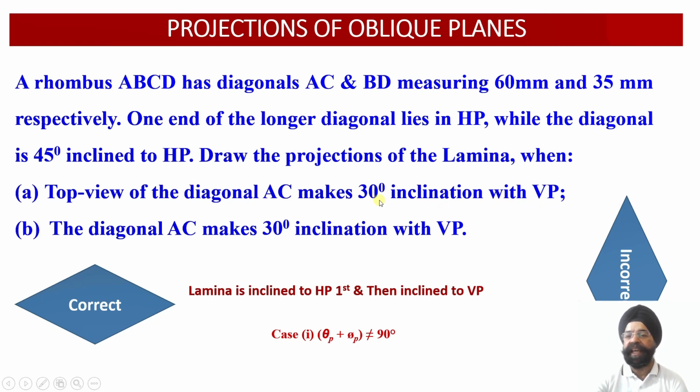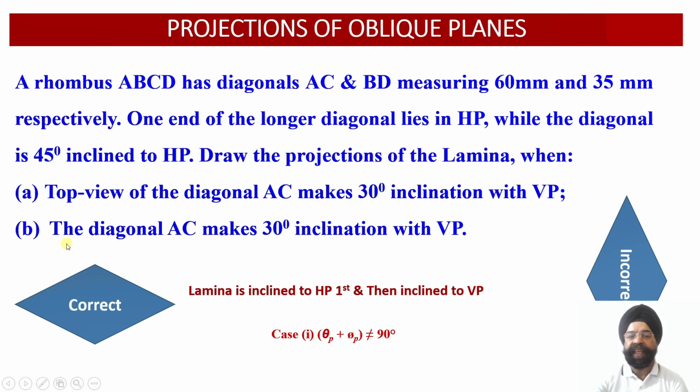That is, this angle beta is given to us. So whatever plan projections are obtained after the inclination of the edge view, we are going to incline at an angle of 30 degree, with the apparent length of the longer diagonal making an angle of 30 degree.